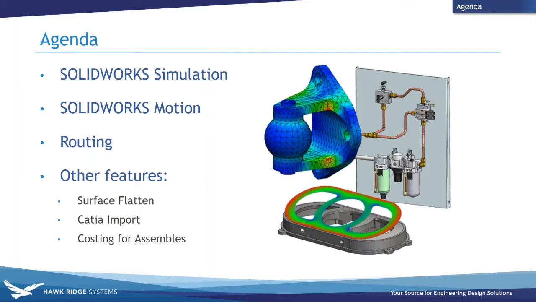Surface flattening capabilities, allowing you to flatten any compound curved shape to a flat state. Import capability for CATIA files, and also costing for assemblies. So there's a lot of things that you get exclusively in SOLIDWORKS Premium, and then you're also getting all the functionality of SOLIDWORKS Professional and SOLIDWORKS Standard as well.